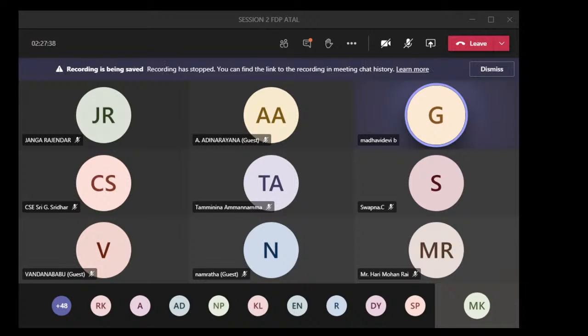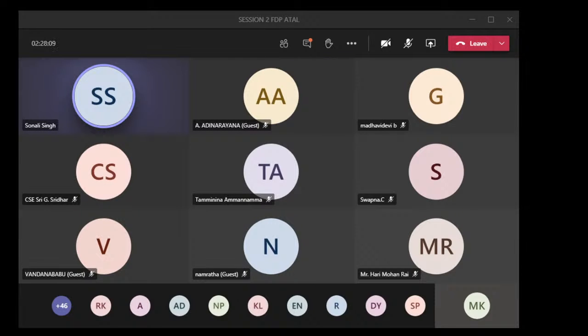Ma'am, is there any attendance form we have to fill in? Yesterday I got one. Ma'am, your attendance is recorded by this software itself. If you are attending this session, the attendance is generated automatically, so no separate attendance will be taken. Okay, thank you. Ma'am, when will we get the test link?